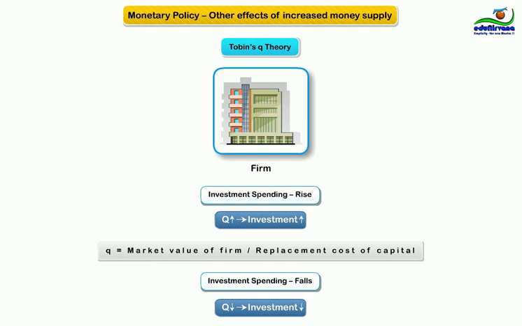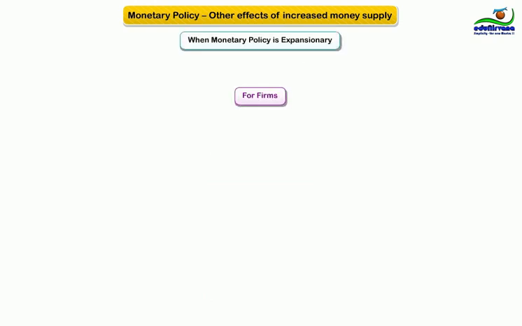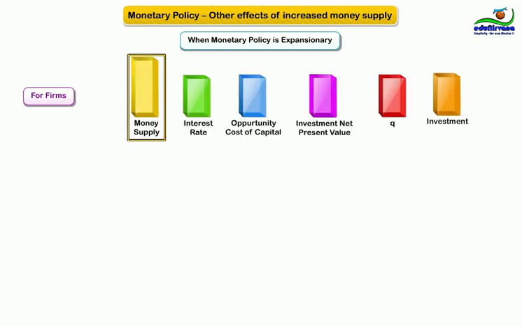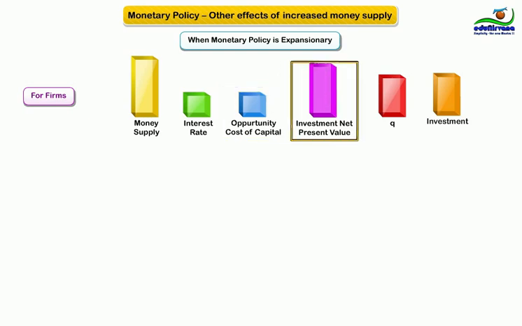But how might monetary policy affect stock prices? Quite simply, when monetary policy is expansionary, the money supply is high, which leads to lower interest rates and a decrease in opportunity cost of capital for firm, hence more net present value for the projects and company's future cash flows.